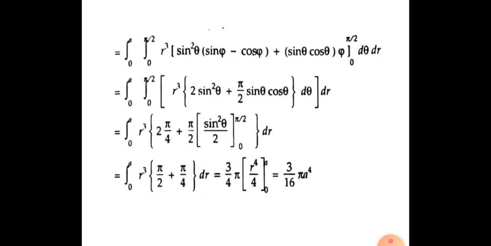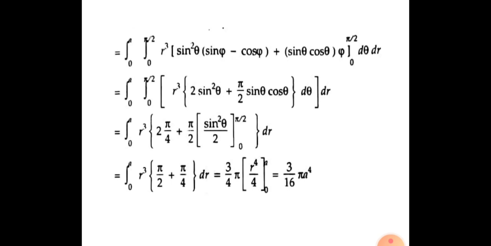Apply the limits 0 to pi by 2 for phi. Here r cube sin square theta, sin pi by 2 is 1 minus cos pi by 2 which is 0 for the upper limit. For the lower limit, sin 0 is 0 minus cos 0 which is 1. So r cube into 2 sin square theta plus pi by 2 sin theta cos theta.